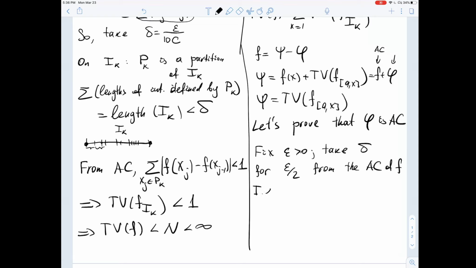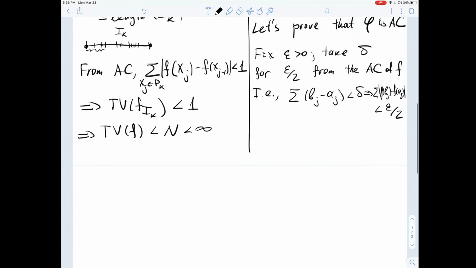So that is, the sum of bj minus aj is less than delta, and they're disjoint, implies that the sum of f of bj minus f of aj is less than epsilon over 2. I can always do this because I can do this for any epsilon, so in particular for epsilon over 2.